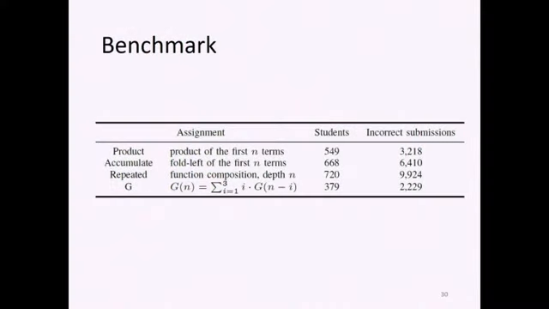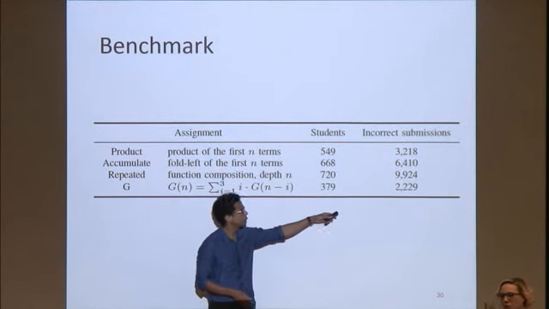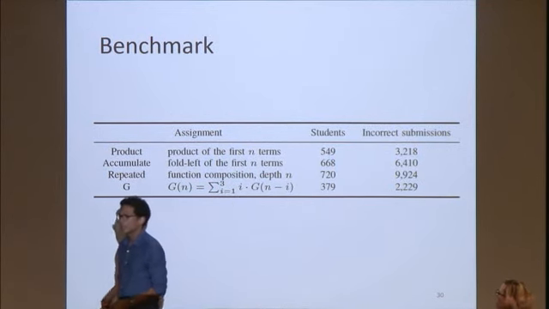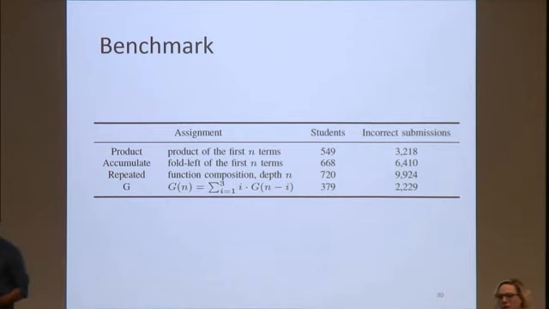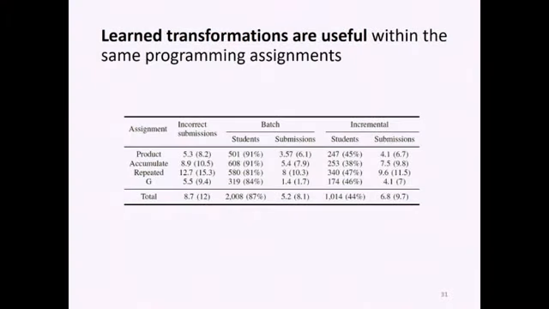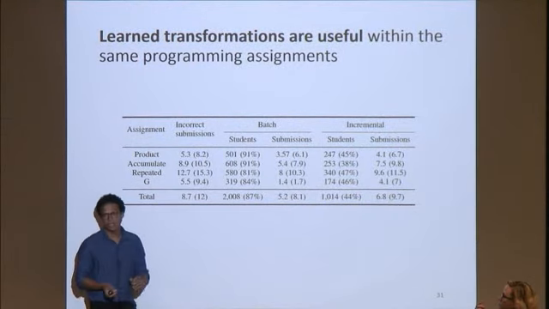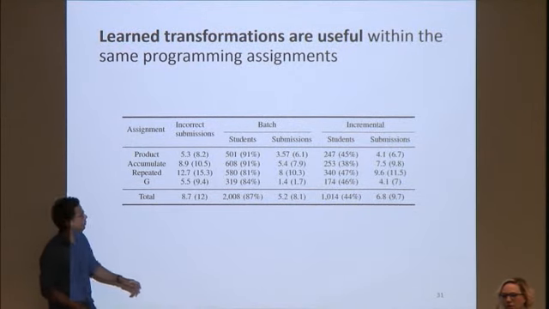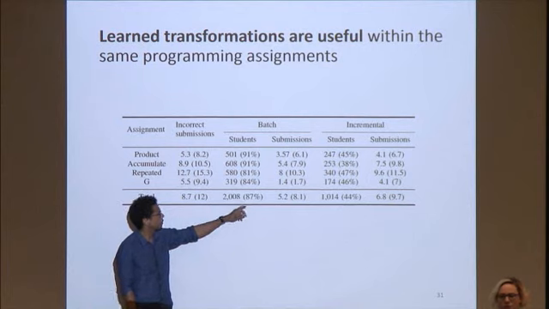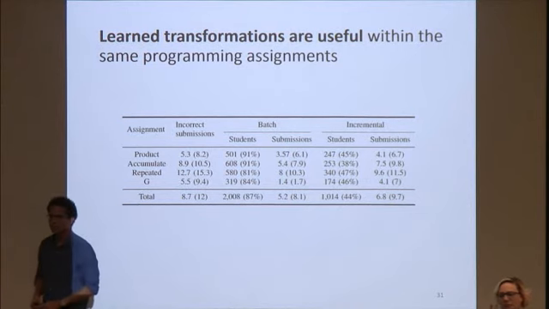So we evaluated on 4 problems and more than 20,000 incorrect submissions, to see whether we could learn transformations to fix other students' code. As a result, using leave-one-out cross-validation, we were able to fix submissions for 87% of the students.